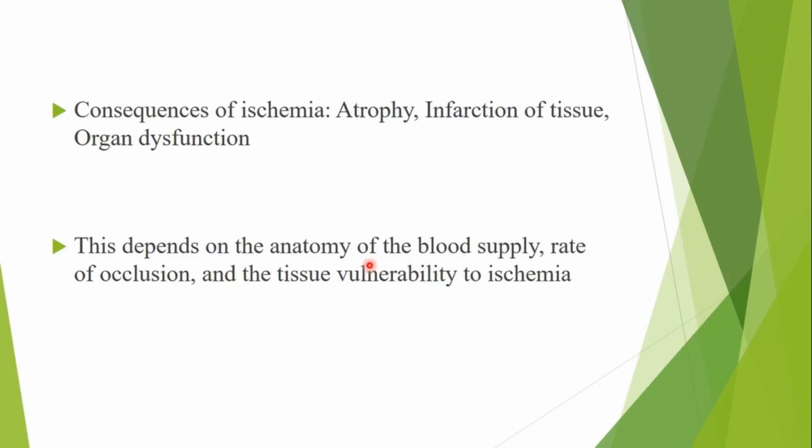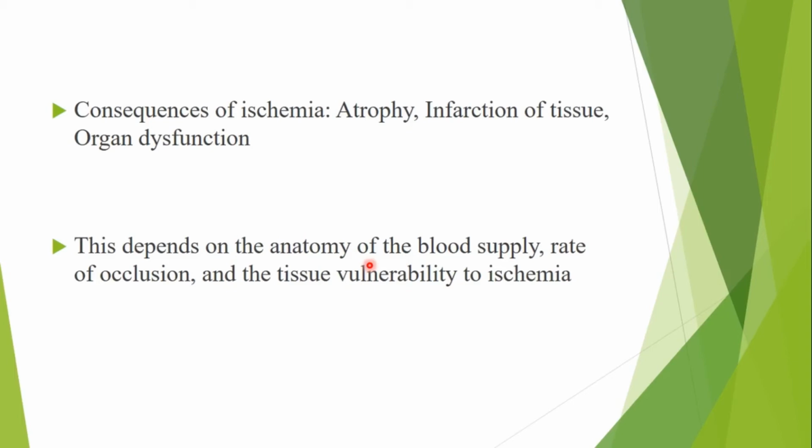So if there is any obstruction in one of these circulations, the other one is going to compensate. The liver receives blood from both the hepatic artery and the portal vein, so it is relatively resistant to infarction as well. On the other hand, we have tissues in our bodies that have single arterial supply, like the kidney and the spleen. So obstruction of these vessels is going to result in organ infarction.